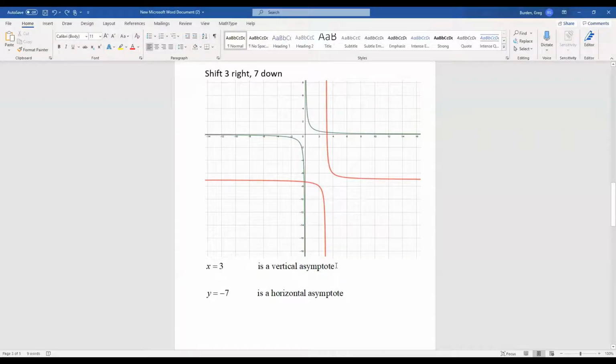Likewise, we have x equals 3 as a vertical asymptote corresponding to the x equals 0 vertical asymptote that we had for the green function. So x equals 0 is just the y-axis. That was the original vertical asymptote for the green curve, and for the red curve, that's been shifted 3 units to the right. So what I'm trying to say here is that if you keep track of the asymptotes, and if you keep track of where the asymptotes come together, which was here at the 0, 0 point, well, moving those will help you to get a good graph, essentially.